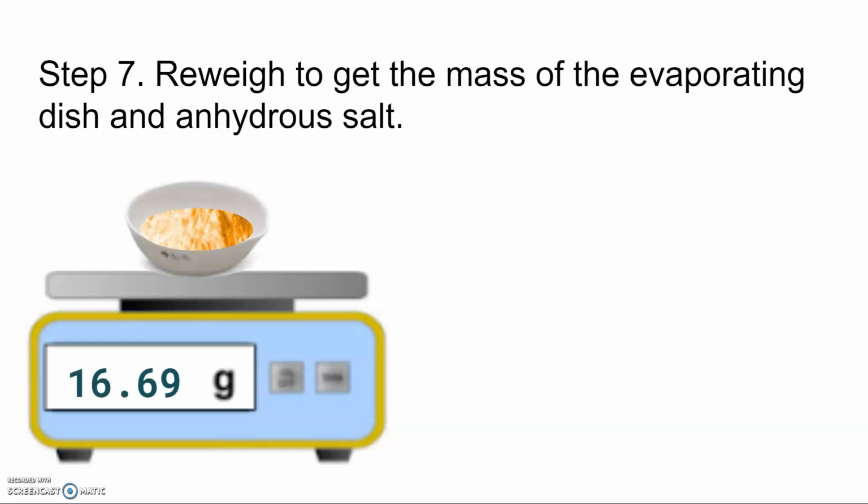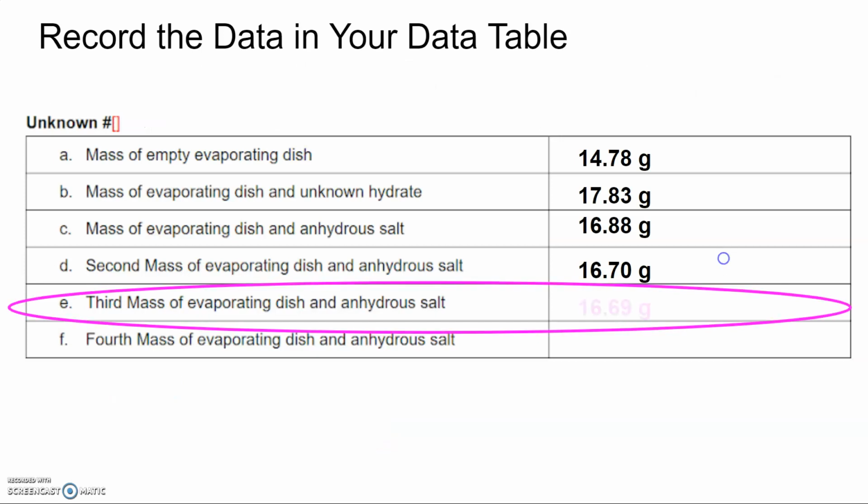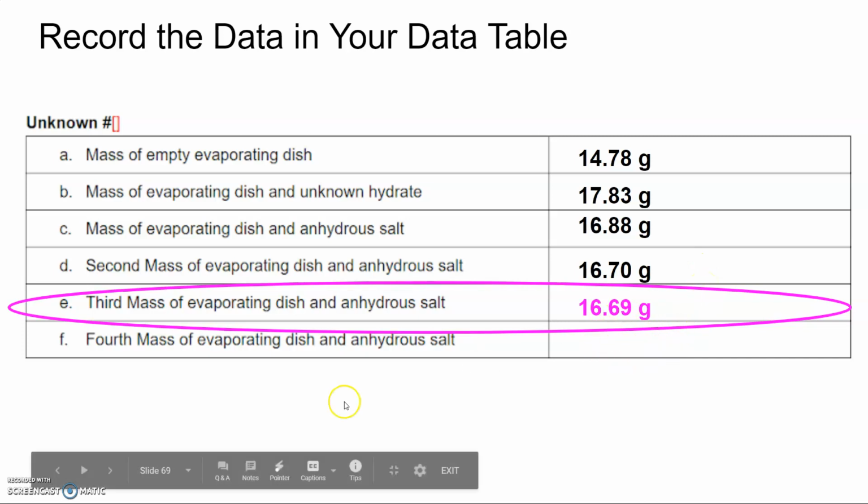This is our third weighing, and this time we get 16.69 grams, and we record that for our third mass. If you compare the second and the third mass, these two numbers are practically the same. It's only the last digit, the uncertain digit, which is off. That means we must have removed all of the waters, so we don't need to do a fourth weighing.